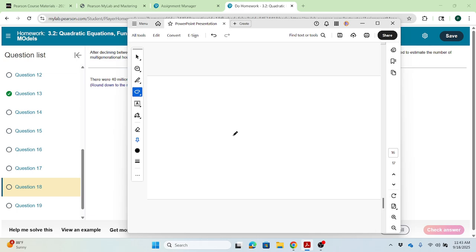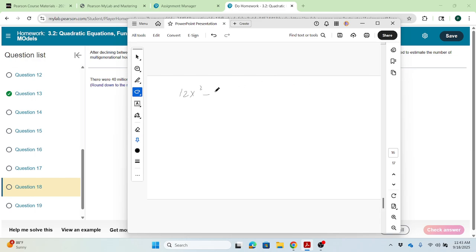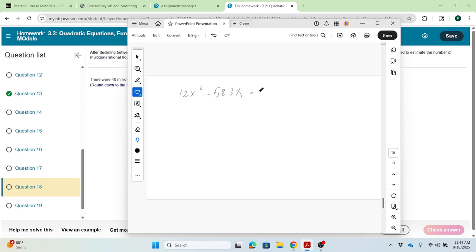So what is the quadratic formula? 12x squared minus 583x minus 4278. This is a, this is b, and this is c.